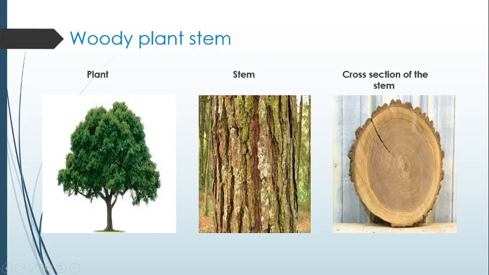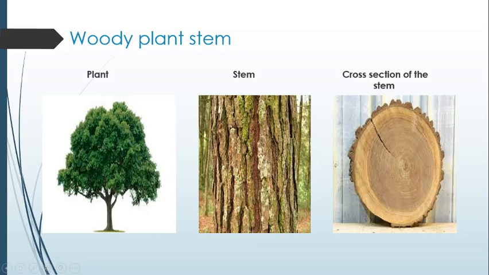From this diagram, you can see how the stem of a woody plant appears. Usually woody plants are large trees. They have a very rough stem. When we observe a cross section of the stem, you can see a dark colored region in the middle of the stem.